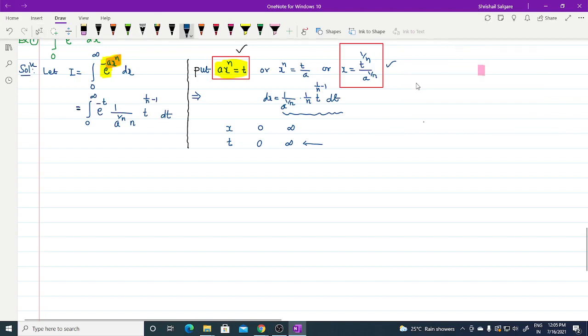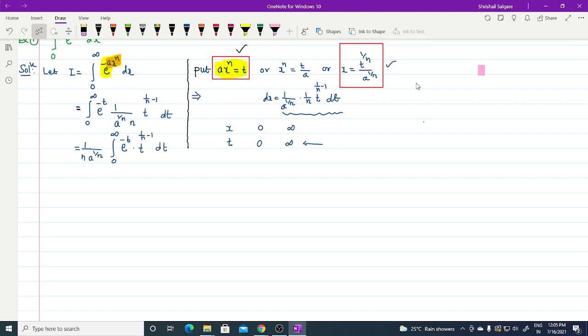Okay, now this definition I will delete. Now further, from this integral, constant term I will write outside. So n into a to the power 1 by n, that I will write outside. Integral from 0 to infinity e raised to minus t into t raised to 1 upon n minus 1 into dt.